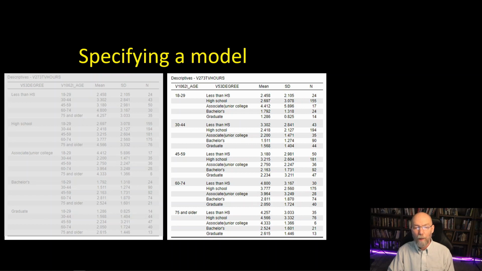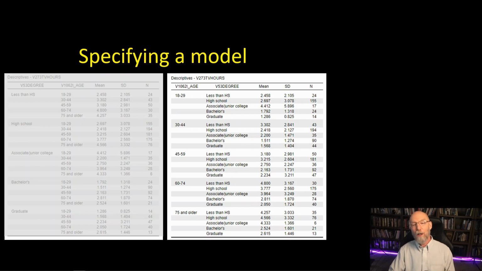So it kind of goes up and then it goes back down for this age group. And for this age group, it goes 3.3, 2.4, 2.2, 1.5, 1.6. So it just goes from higher amounts of television watching to less as degree goes up and so forth. And then you can see in the 75 and older, less than high school watch 4.2 hours on average of television a day, 4.6, 4.3, 2.5, 2.6.